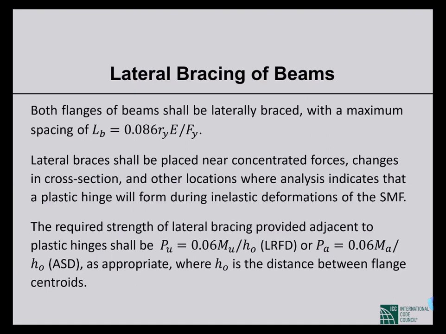Radius of gyration about the weak axis. So this actually comes from the L by R ratio from buckling consideration. We know Euler's critical buckling formula, from there it comes. So that's why it is related to radius of gyration, E and Fy, and there is a factor.